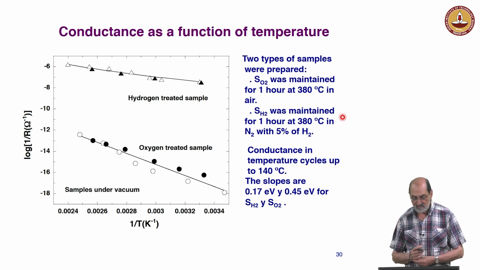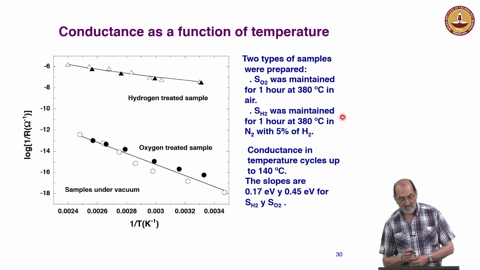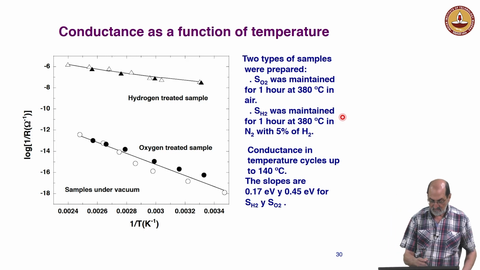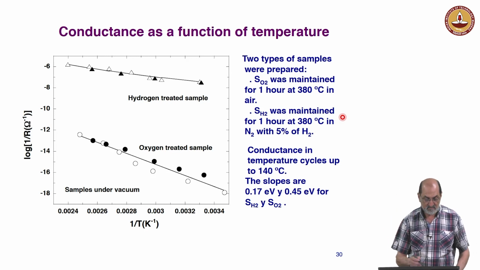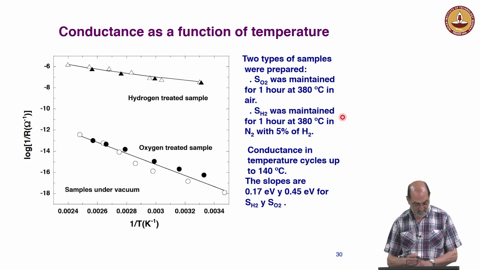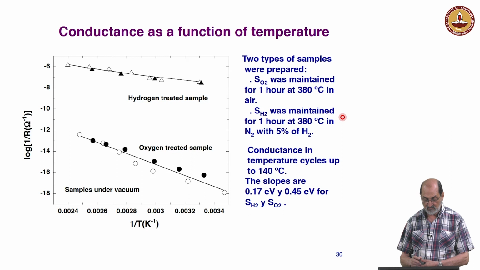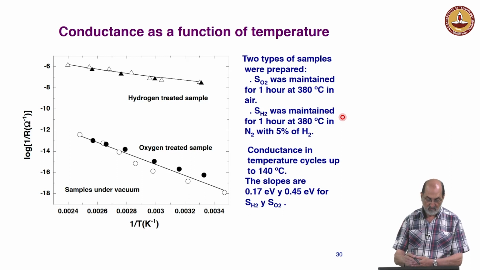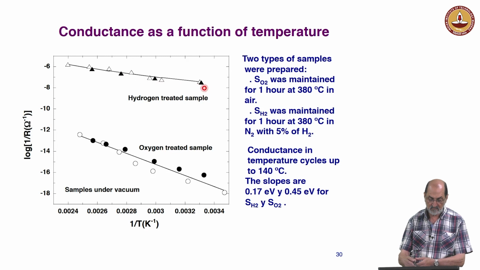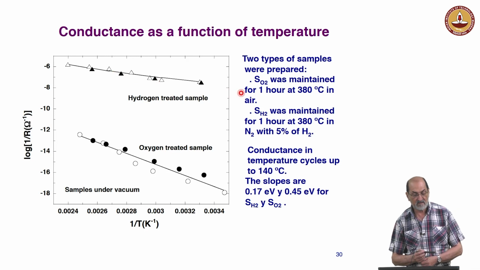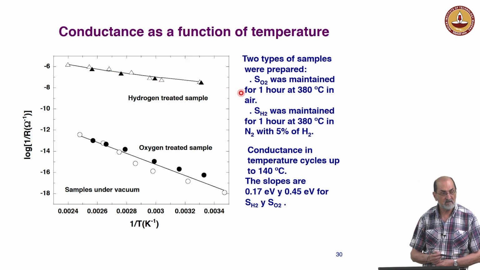Okay, so we ran some experiments measuring the resistance at different temperatures. For example, the hydrogen treated sample, the white triangles: we went up in temperature, then we went back, and it was quite reproducible, and the conductivity was very high.